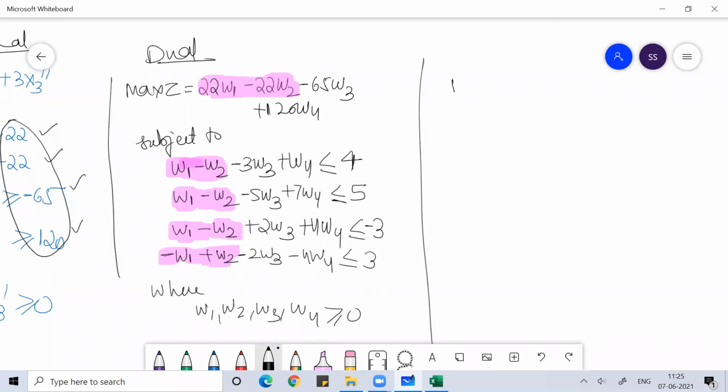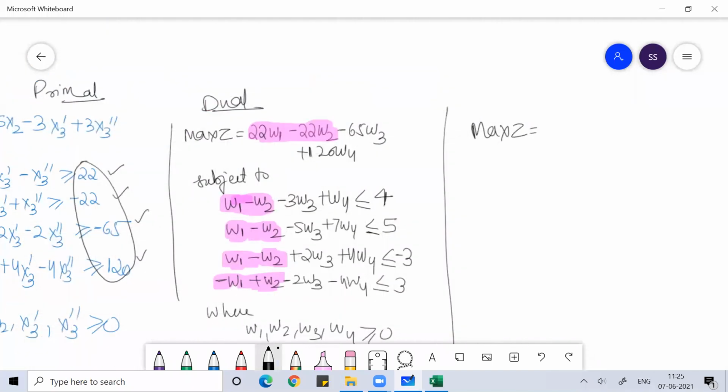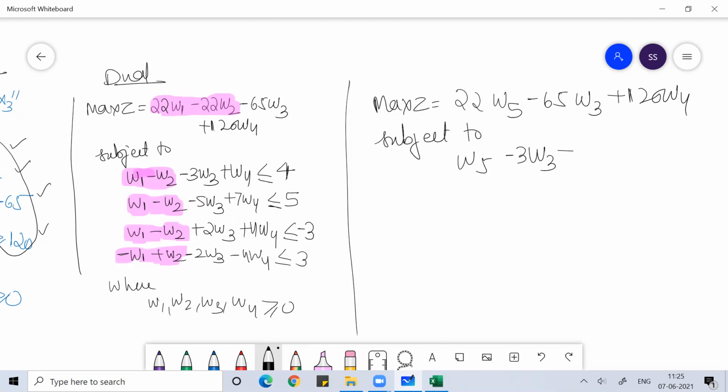So I can write this maxima of Z is equal to 22, suppose W5 minus 65 W3 plus 120 W4 subject to W5 minus 3 W3 plus W4 less than equal to 4.